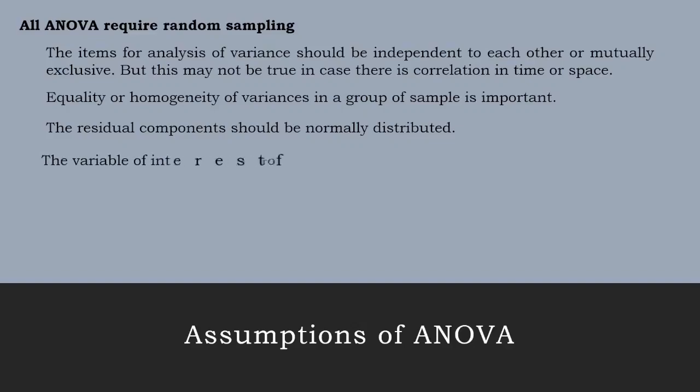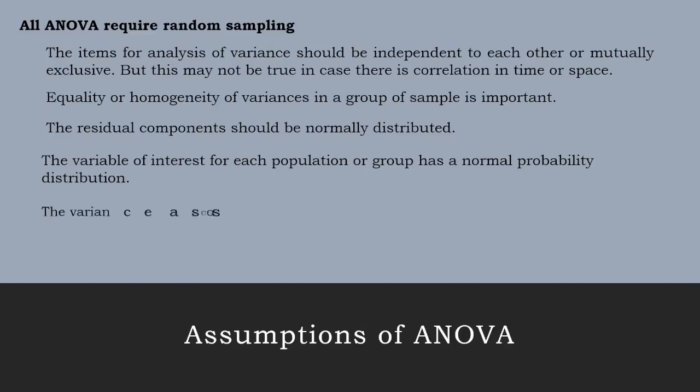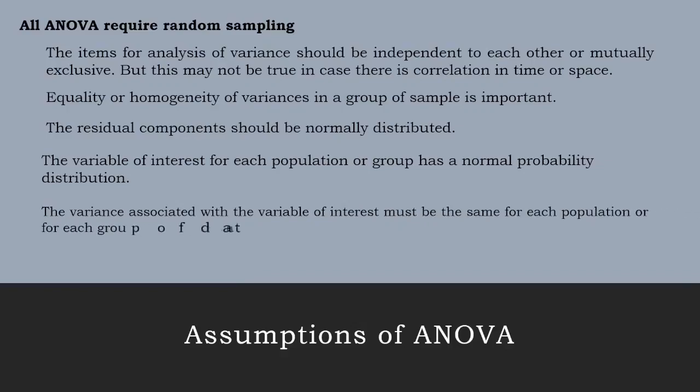The variables of interest for each population or group have a normal probability distribution. The variance associated with the variable of interest must be the same for each population or for each group of data. Analysis of variance is also used for two different purposes. First, to test hypotheses about population variance. Second, to estimate and test hypotheses about population means.